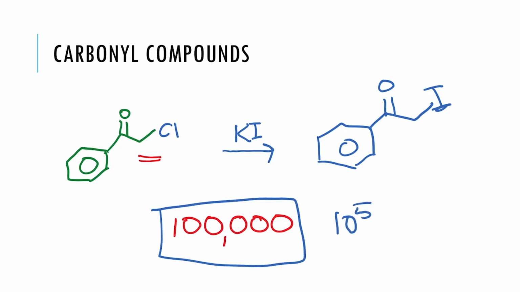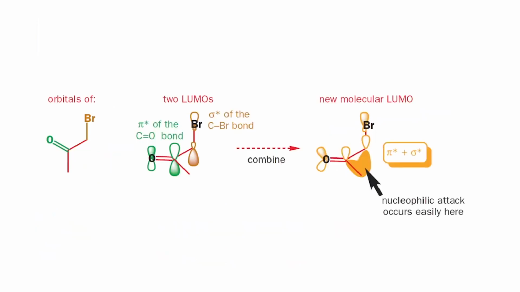So as you can imagine, this is a very, very large increase in rate, and we know that there's going to be some stabilization that can be afforded by the C=O, because the C=O is going to have 2p orbitals over here and so on. But yet it's not something that will completely explain the experimental outcome, because the rate of the reaction is going up substantially. So in order to understand this, what we propose is a model such as this.